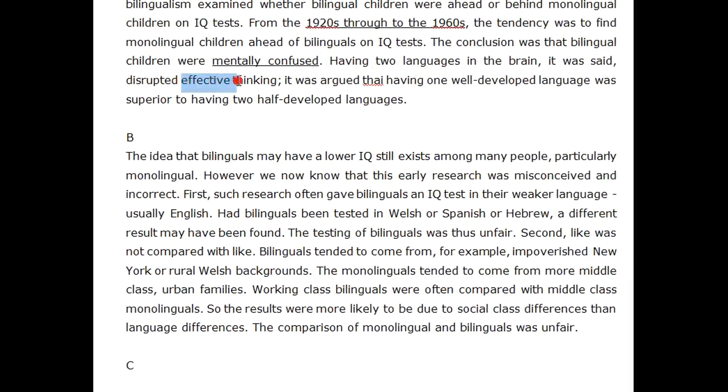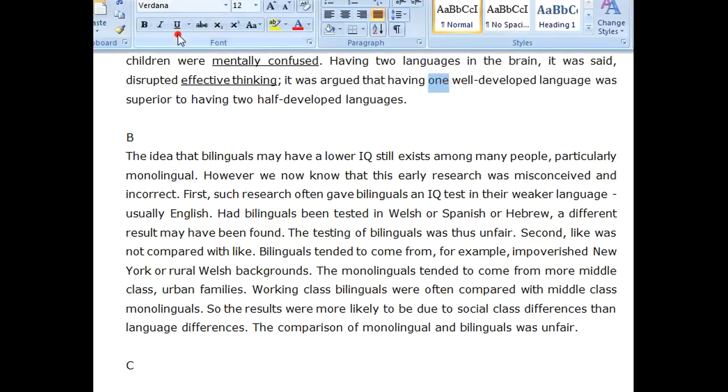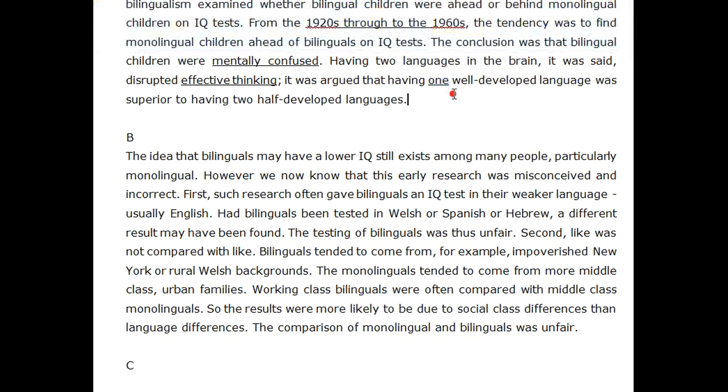So you got the keyword now. What you have to find out now? Something single. It was argued that having one well-developed language was superior.